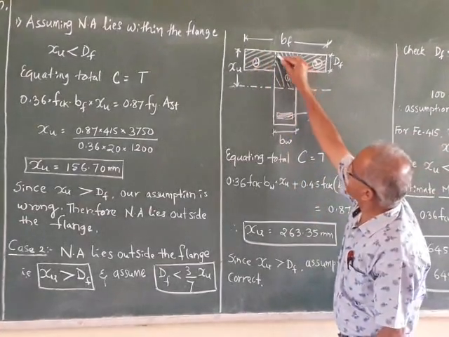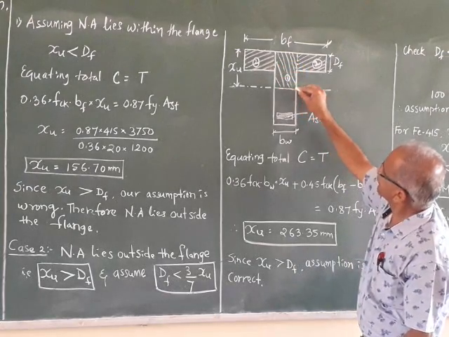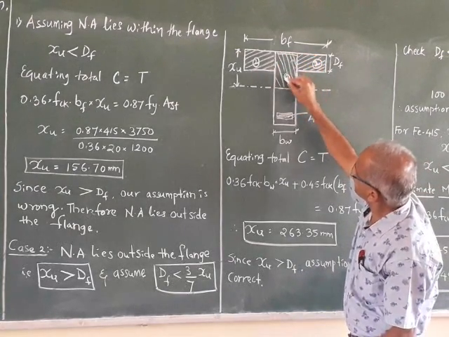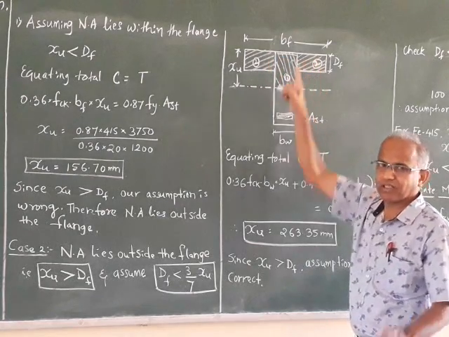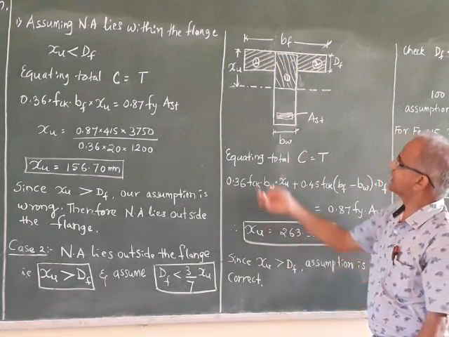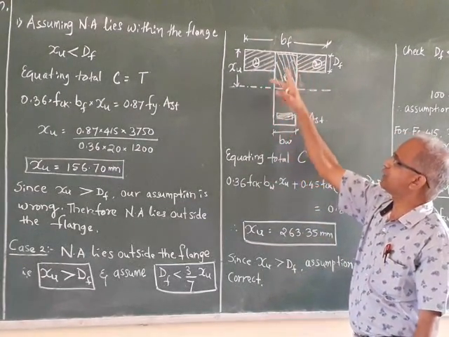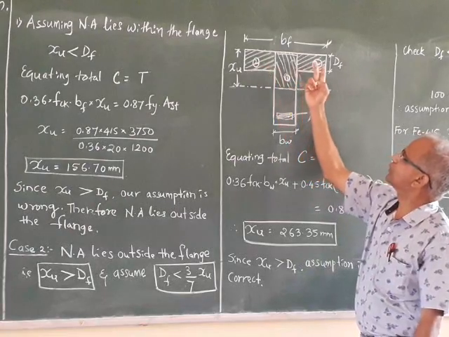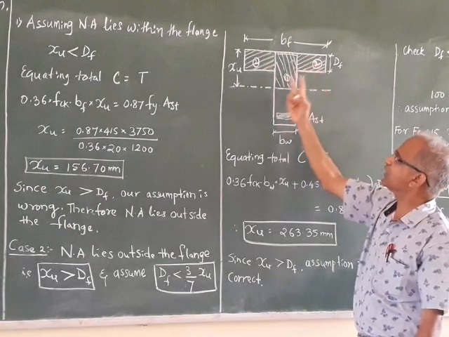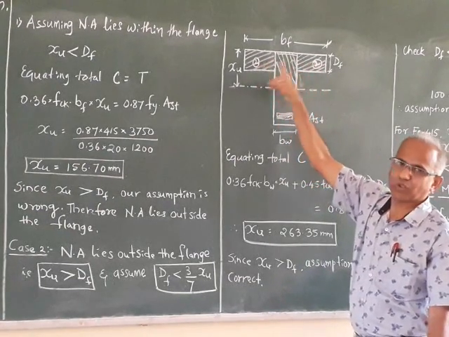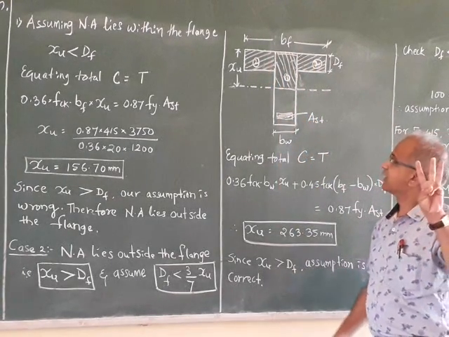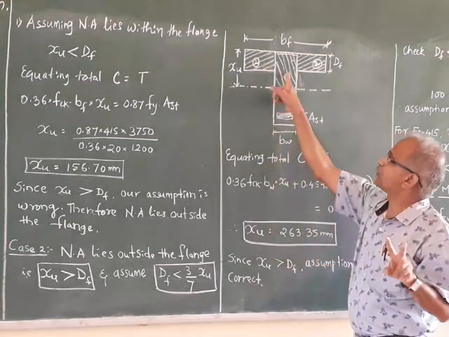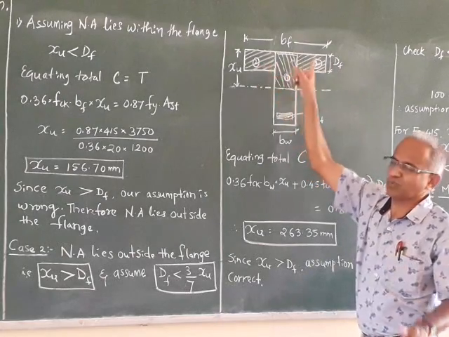So this is one rectangle, and these two are the other rectangles. You can say that this is 1, this is 2 and 2. So this total compression zone consists of two rectangles, one and this two.